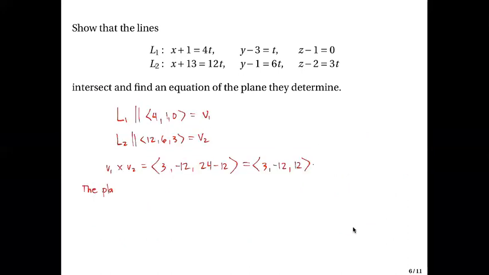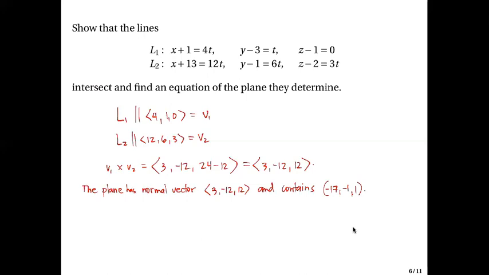So the plane has normal vector 3, -12, 12 and contains the point -17, -1, 1.